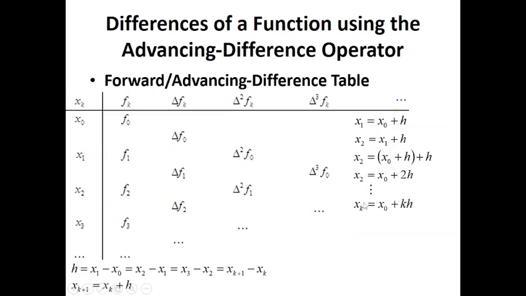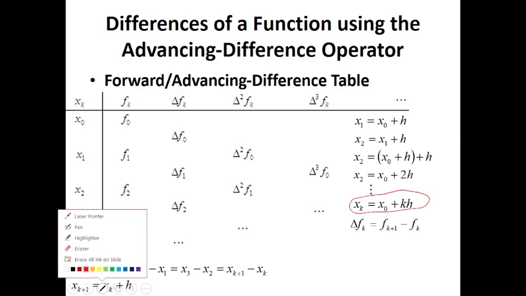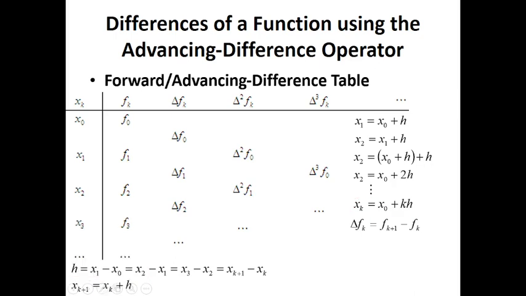So this will now be the interpretation. X sub k is now equal to x sub o plus kh. So knowing that, this is the notation for the first differences of a function.